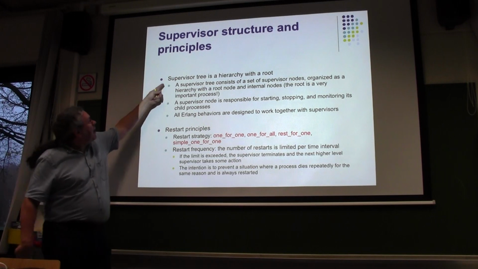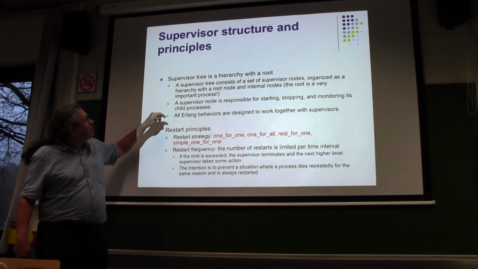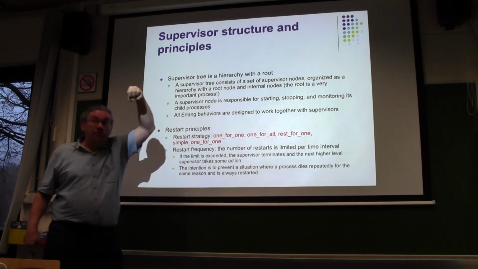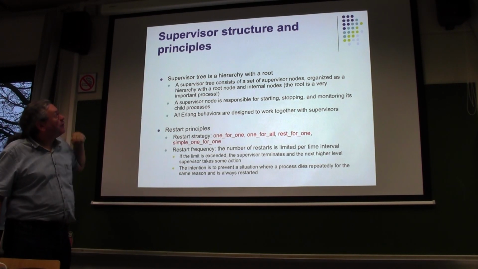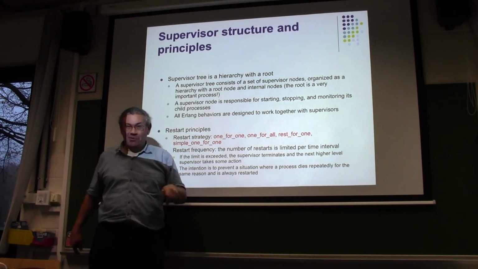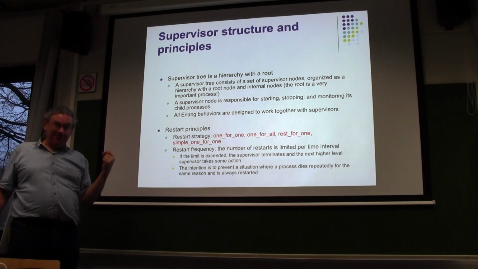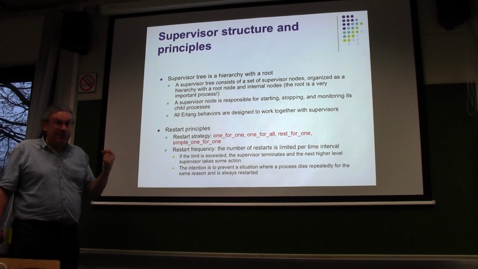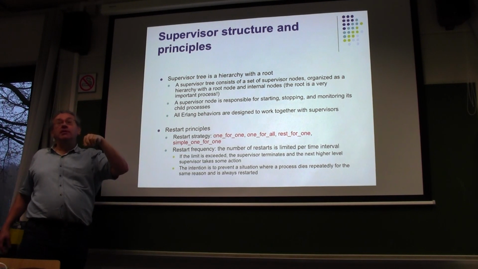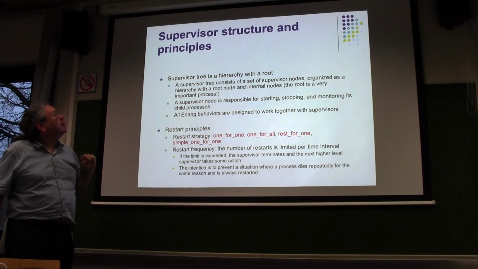Okay, so the supervisors make a tree. You have supervisor nodes. So the root node is the top level, the top level supervisor, and then the internal nodes. This root node, of course, is very important. If that one fails, then you're really dead, okay? So this is typically an extremely small and very well tested piece of code.